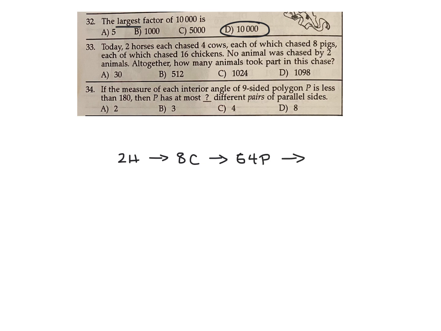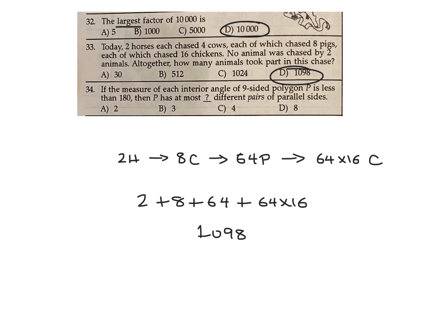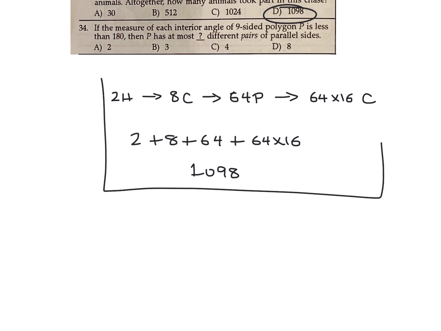And then each of those pigs chased 16 chickens, so 64 times 16 chickens. Okay, and then we have to add up all these. So we have 2 plus 8 plus 64 plus 64 times 16. And that grand total is the answer to the question. So I believe that's 1098. So that would be D.